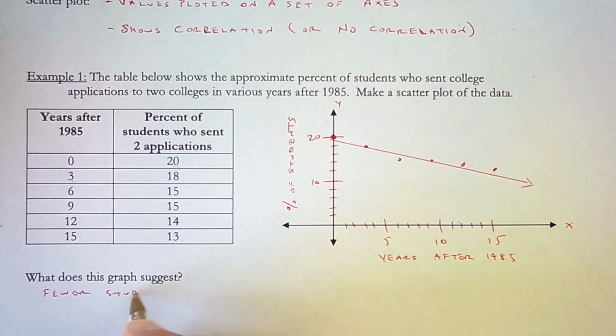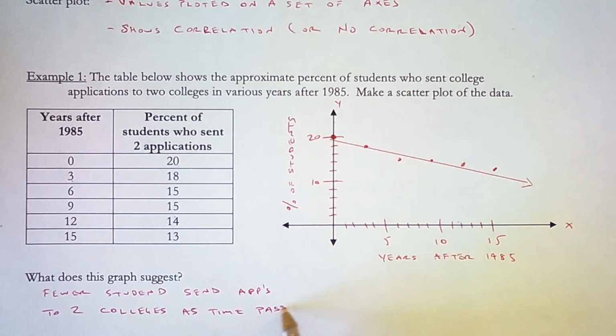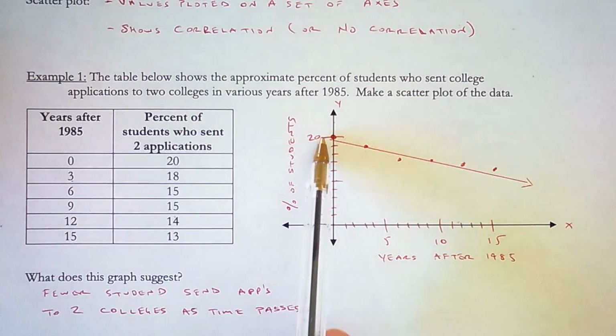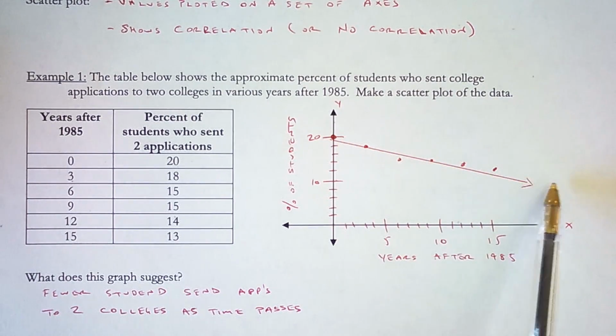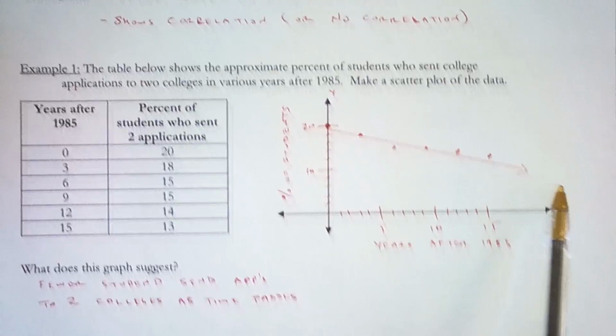Okay, so this has a correlation and it's trending downward. So this is a negative correlation.